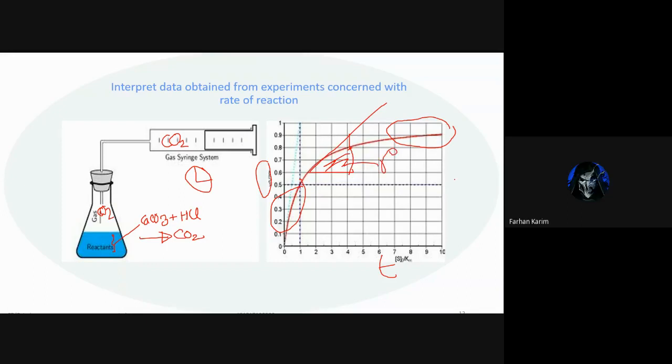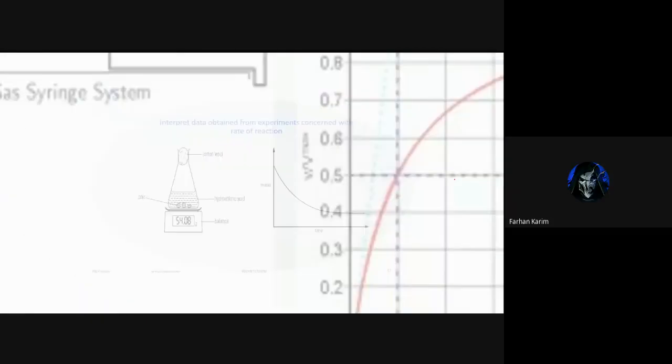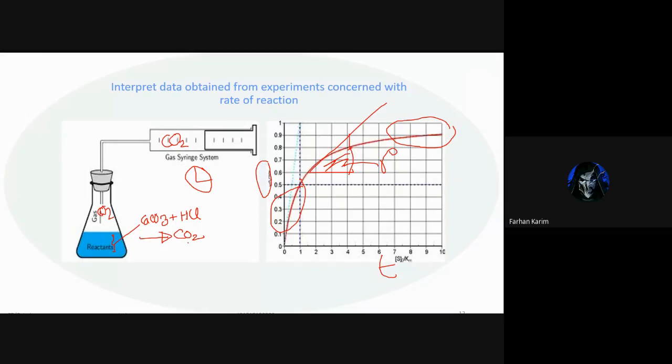So if you are given calcium carbonate and hydrochloric acid, how will you investigate the rate? You will measure the time as well as the volume of the gas in the gas syringe, and then draw the curve. From the curve you can draw the tangent, and from the tangent you can find the gradient, which is the rate. The volume of gas you measure in the gas syringe and the time with the stopwatch.